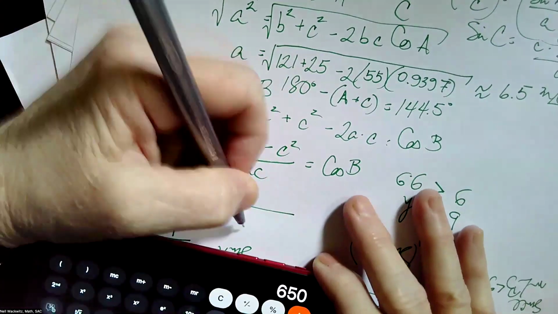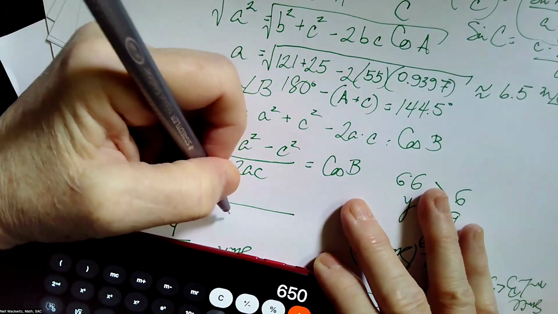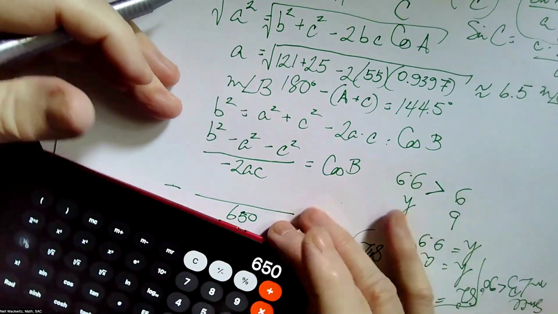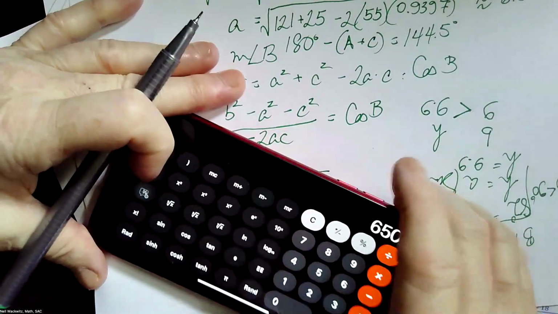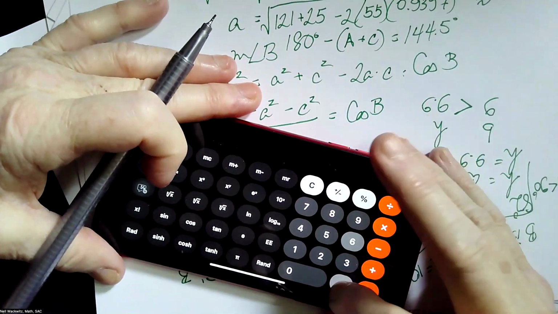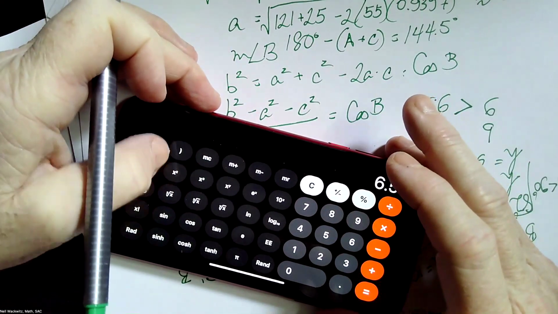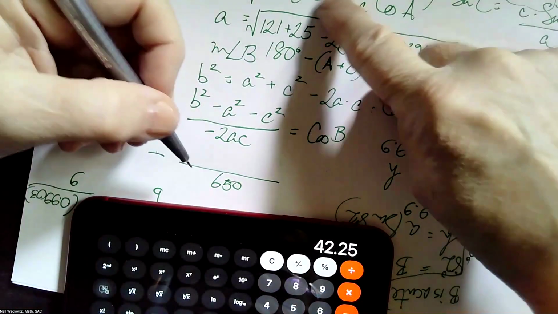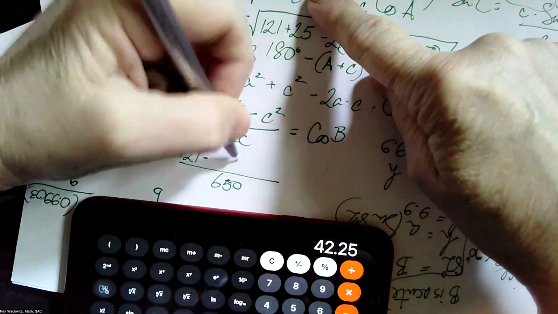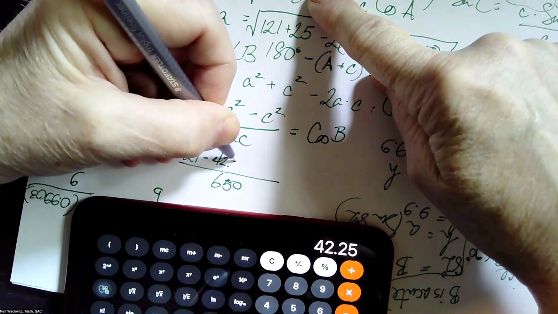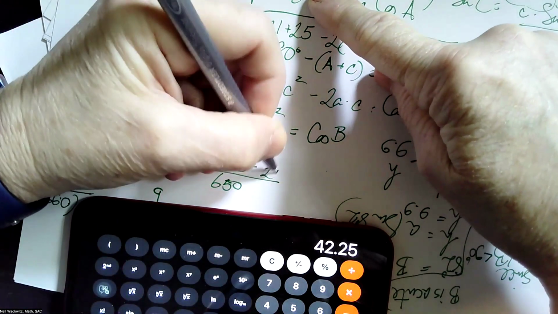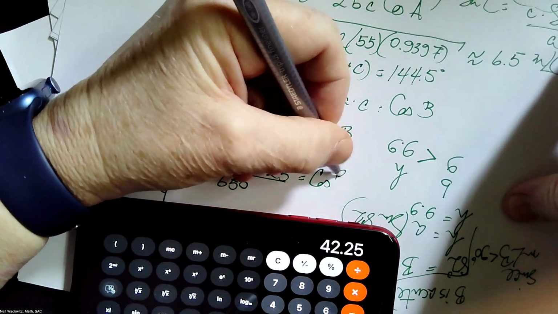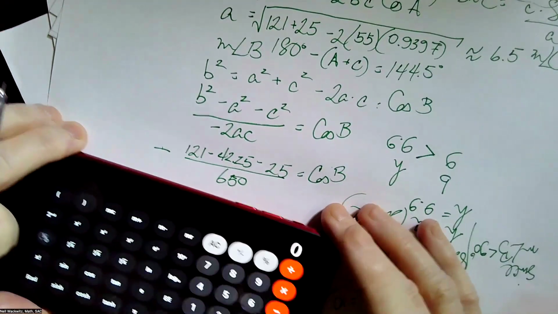So the denominator is, I'm going to put the negative right here, 65. And let's go ahead and square 6.5. So we have 6.5 squared. It's 42.25. So I have 121 minus 42.25 minus 25. And all of that is equal to the cosine of angle B.